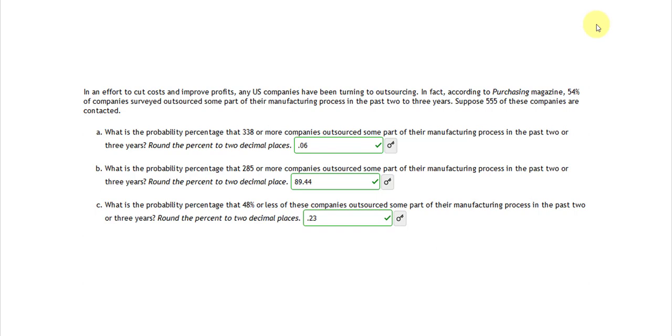So again, we are given the population proportion, P, and we have to find the mean. First, the mean of all the sample proportions approaches the population proportion, which is 0.54 converted to decimal. Then you can find the sigma of the sample proportion, which is the square root of P times 1 minus P all over n, and here n is 555.